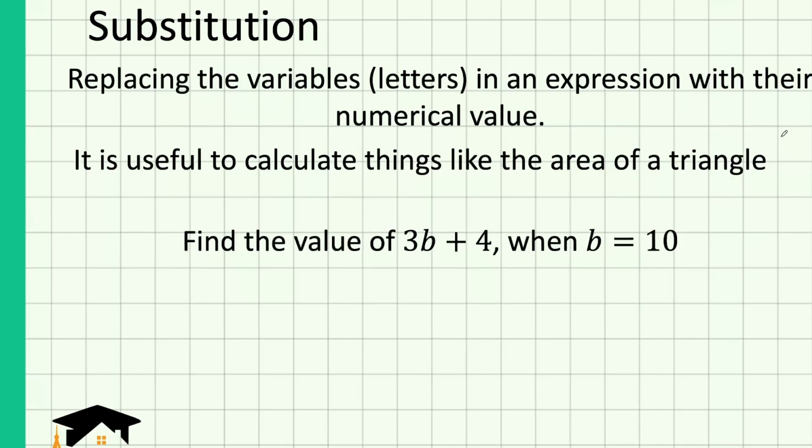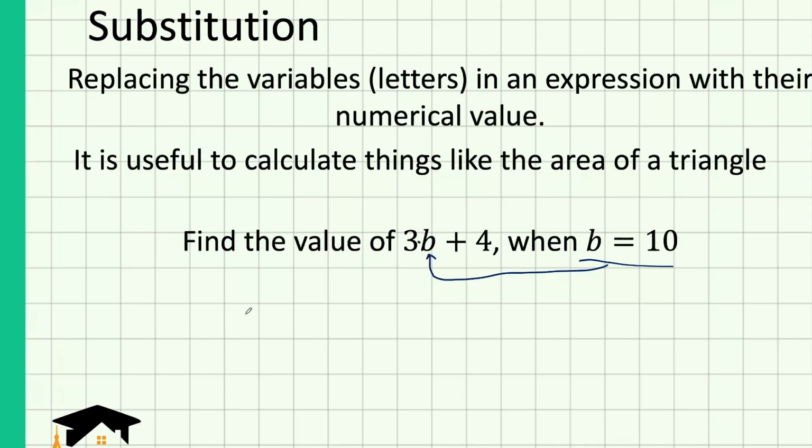Let's do this example. We have to find the value of 3b plus 4 when b is 10. So, because b is 10, all we have to do is put that value here. And remember that when we say 3b, we are saying 3 times b.